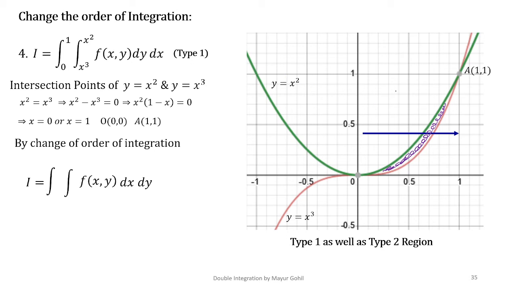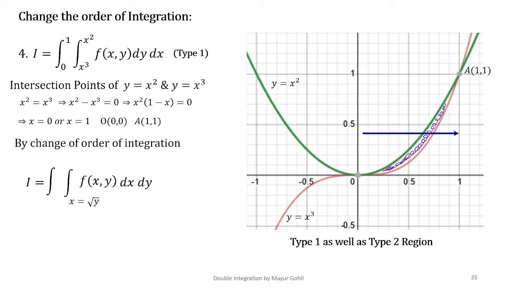Writing the parabola equation as x equals, we get x equals square root of y, and we take the positive square root because we are in the first quadrant, and we have seen which square root we should take. We have dwelt upon that concept a lot.